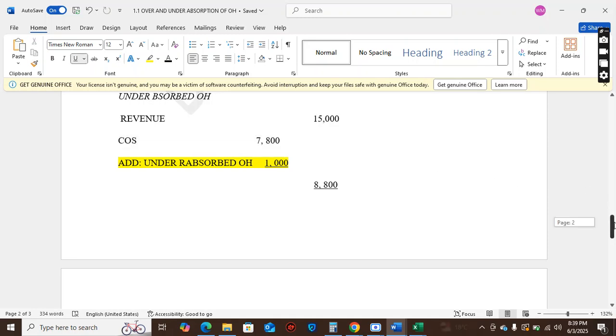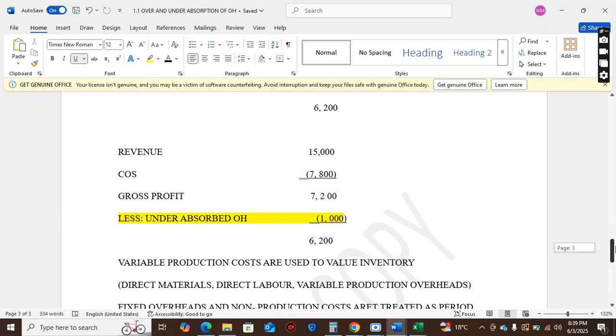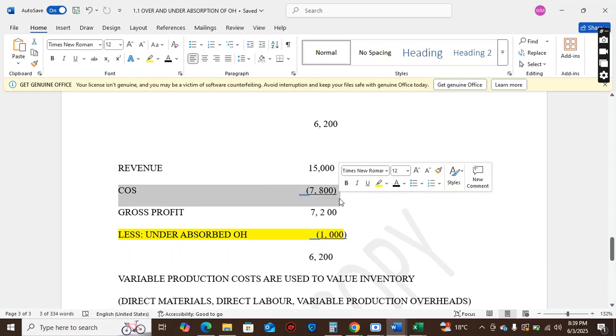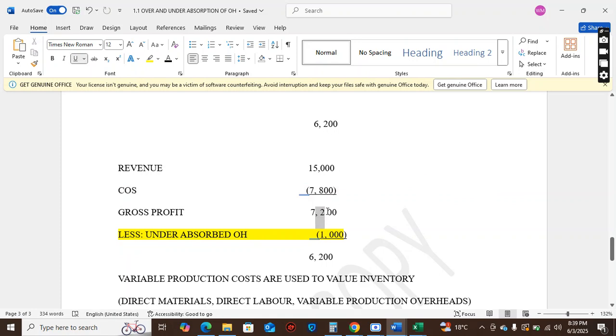Then with gross profit, it's the opposite now. With gross profit, we said this cost of sales is understated. So our gross profit here, as you can see, is inflated. Cost of sales understated, gross profit overstated. So since our gross profit is overstated, we need to deduct our underabsorbed overheads, so that we remove that overstatement of the profits.